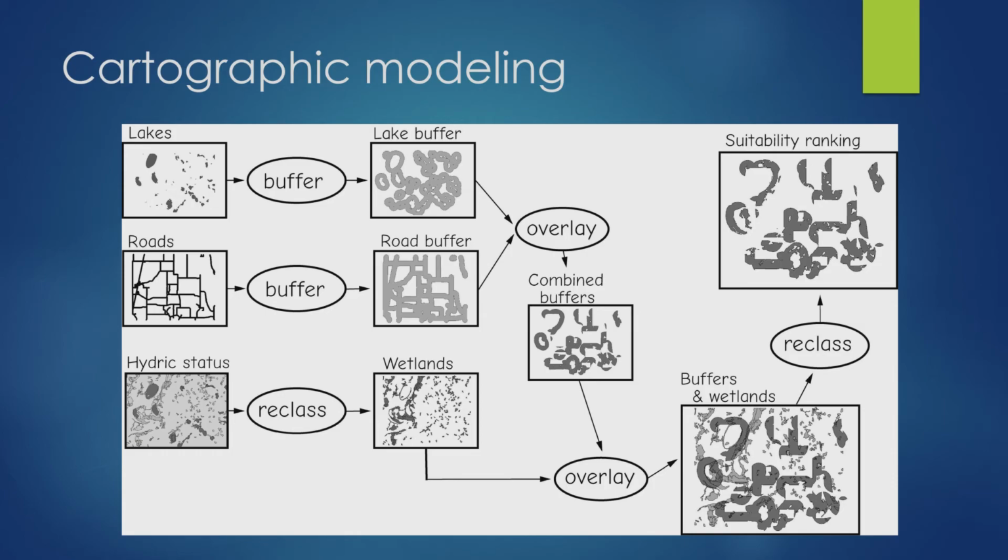So here is an example of a cartographic model. And oftentimes if you want to figure something out, and you're pretty sure that a GIS can do it, it's helpful to create a flow diagram like this to get you to the answer.